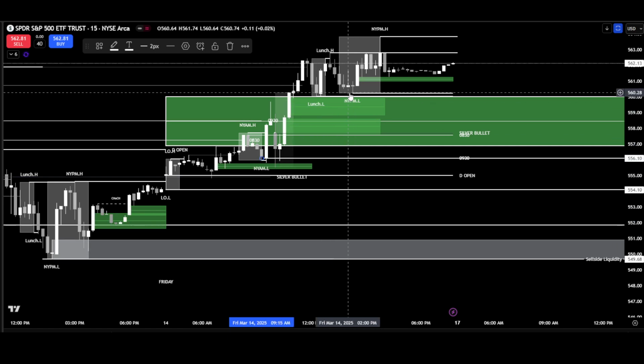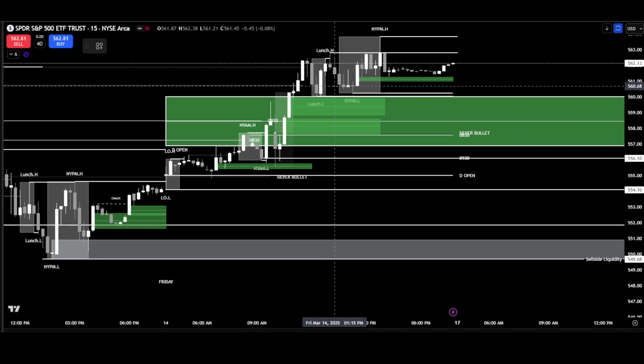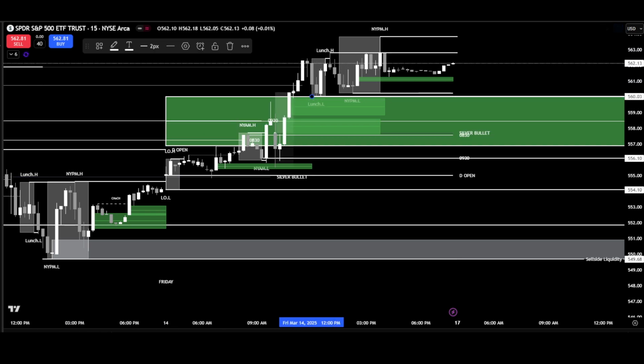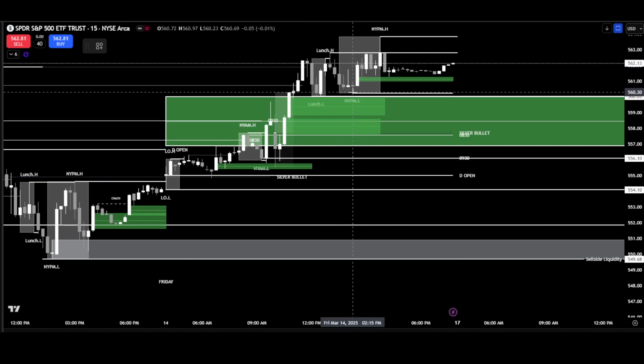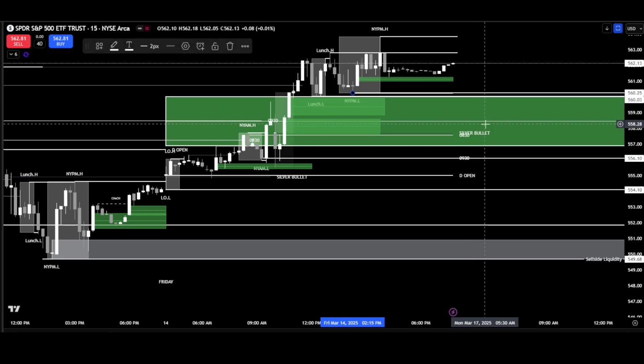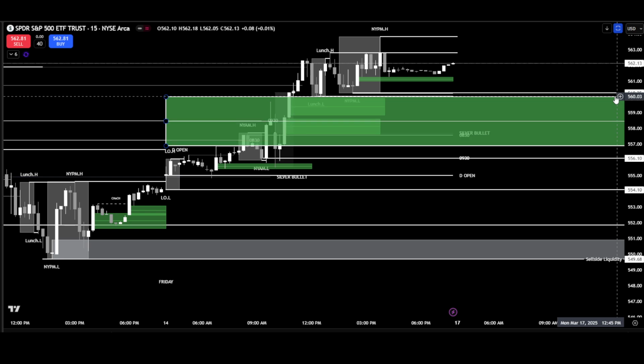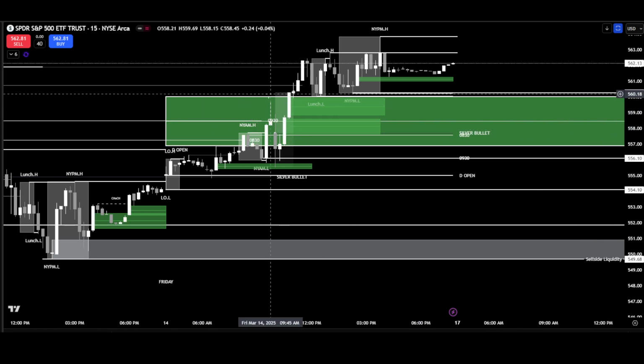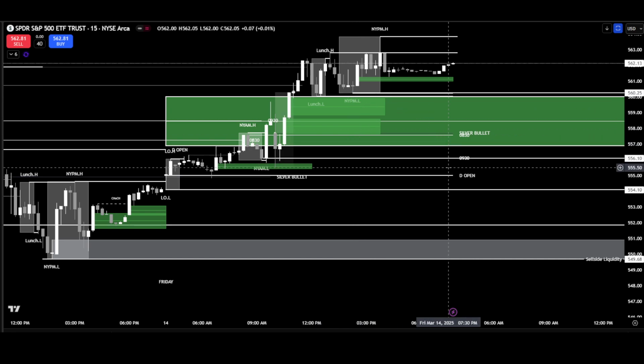Okay. And then I also see we haven't swept either of these levels. They're both very close. One is our fair value gap open, and then this right here. You could just go with one of them. I'd probably leave the fair value gap open off, just because it will show up in the fair value gap. So I'll put this macro level here at 560.